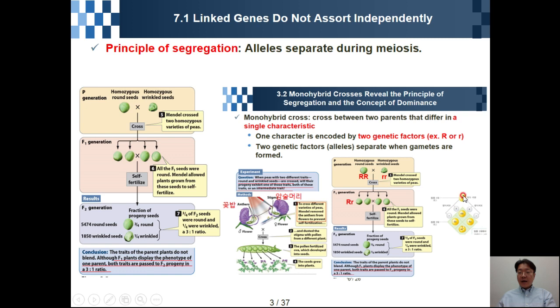Large R becomes large R, and small r becomes small r, and they combine with each other in crosses. So we get the 3:1 ratio. This is the principle of segregation: alleles, large R and small r, separate during meiosis.